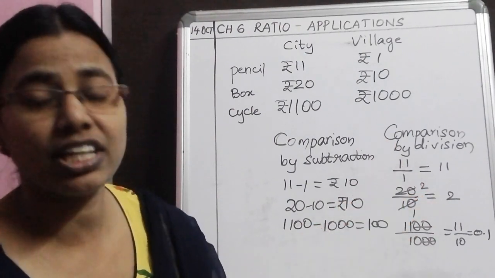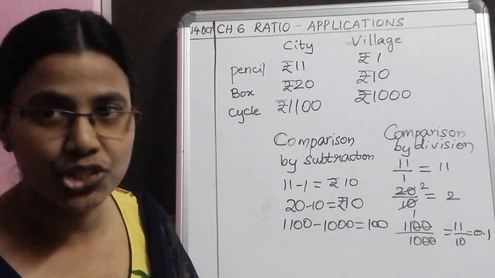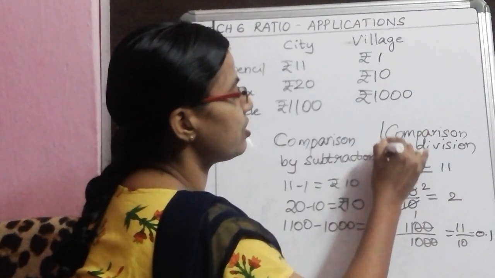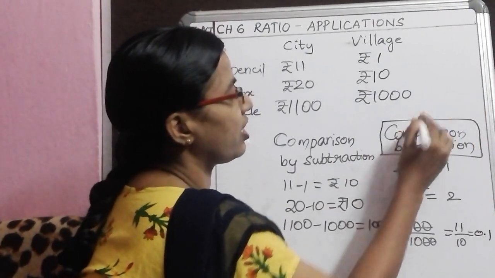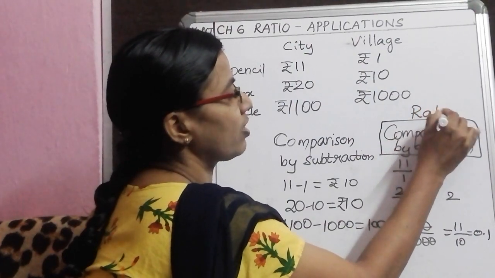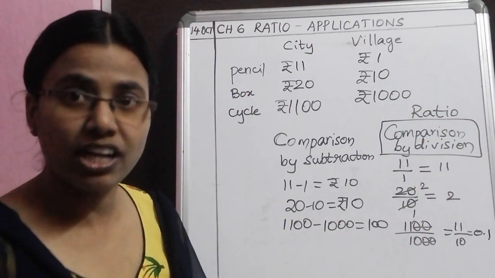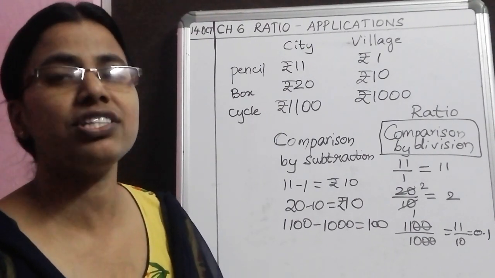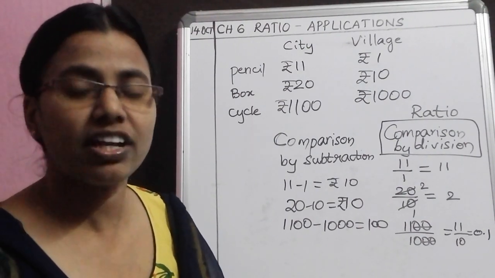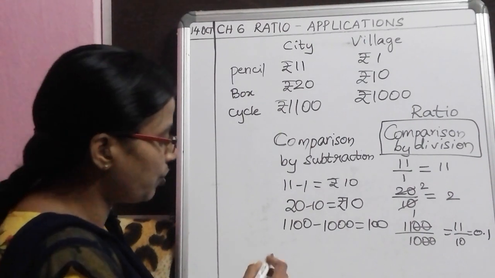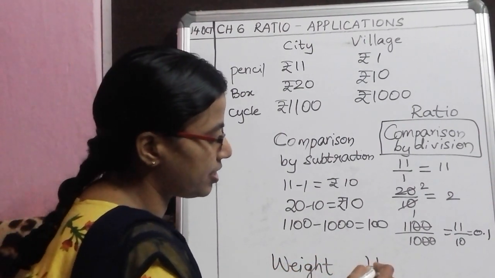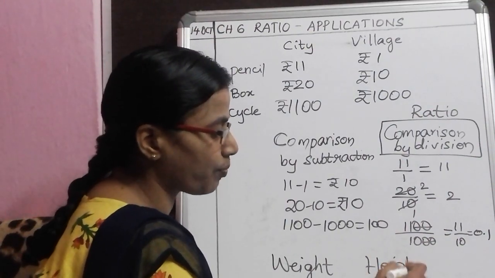Comparison by division is nothing but a ratio. This is nothing but a ratio. So today in the chapter we are going to learn to compare quantities of the same kind. If you want to compare weight and height, can you compare these two?